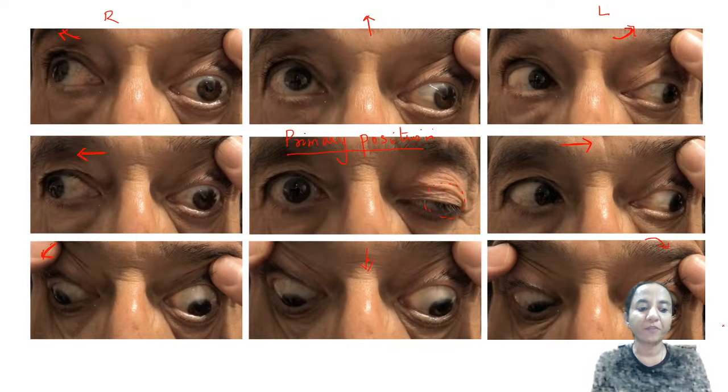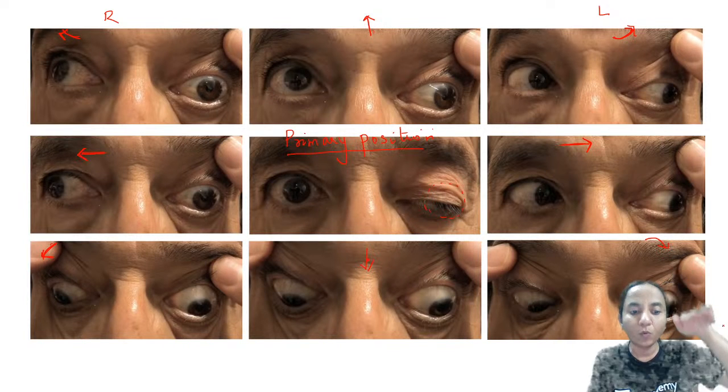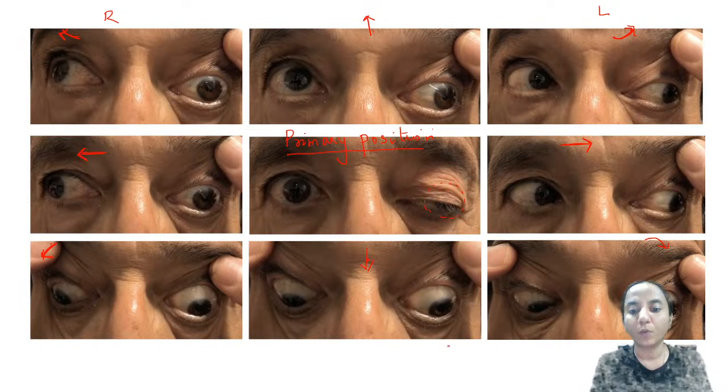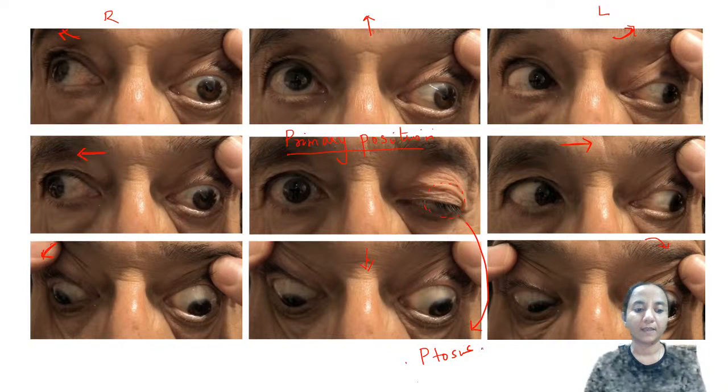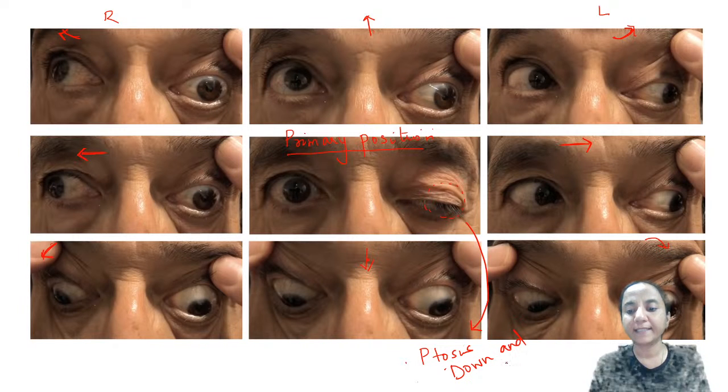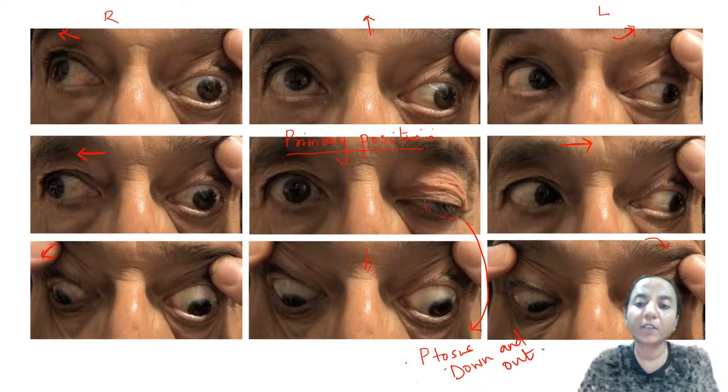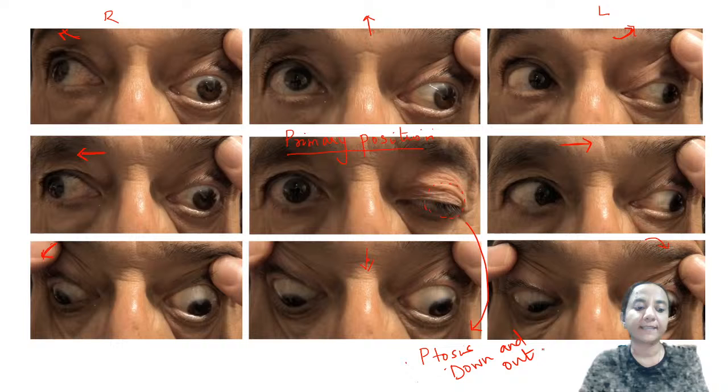The position of the eyeball is downwards and outwards. So from this photograph, we make out that there is a ptosis, and the position of the eye is down and out.